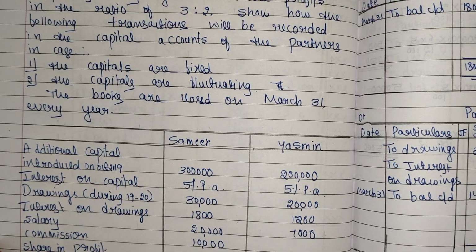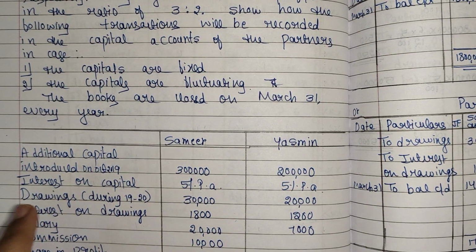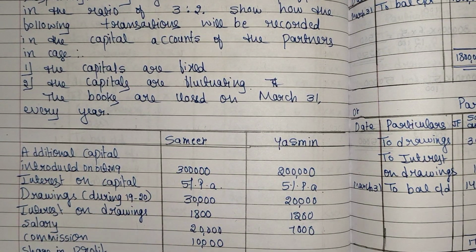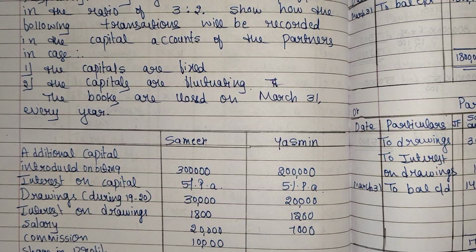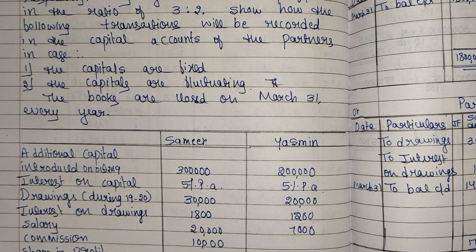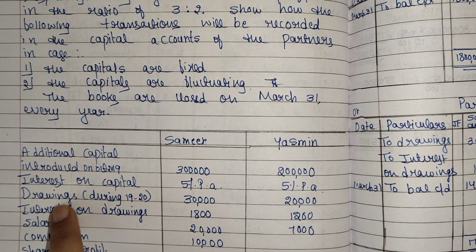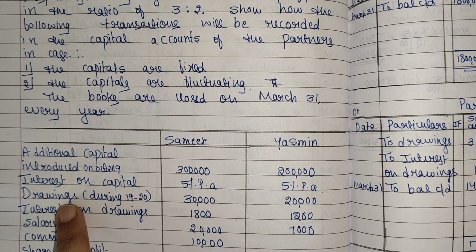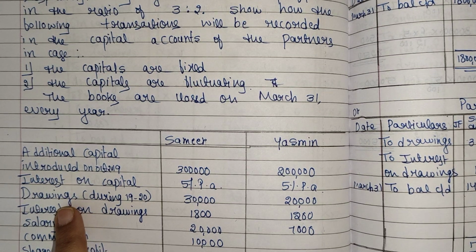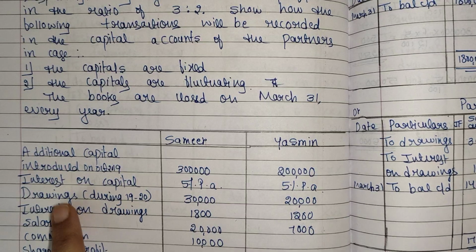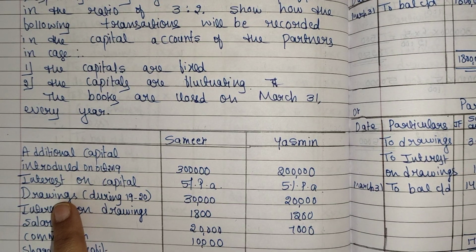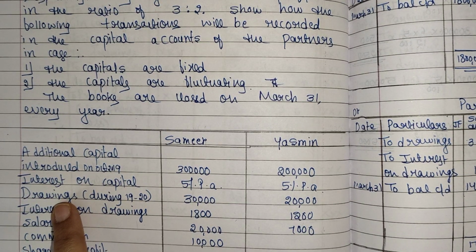So don't get confused. This drawing goes to the partners' current account under the fixed capital method. It will not come under the partners' capital account. Clear? Because this drawing is a temporary withdrawal for personal use, meaning it does not reduce the capital recorded in the partners' current account.